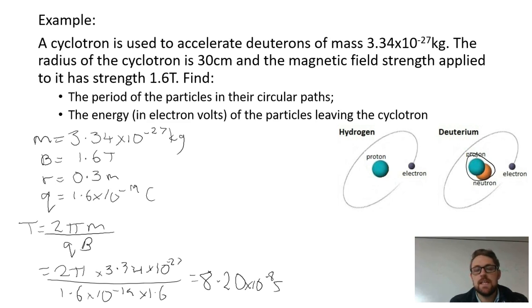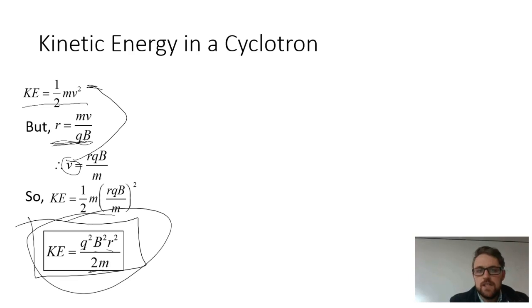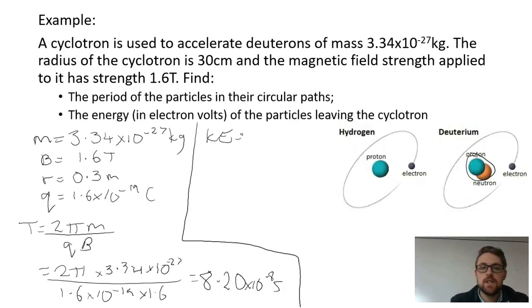Now, we also want the kinetic energy. So I'm just going to break this up a little bit. So we know the kinetic energy from our previous page is this one down here, Q squared B squared R squared over 2m. So kinetic energy equals Q squared B squared R squared over 2m. Now you might also see this written as E with a lowercase k.